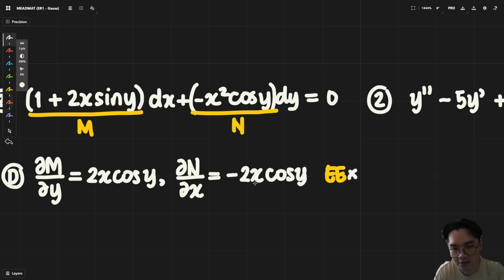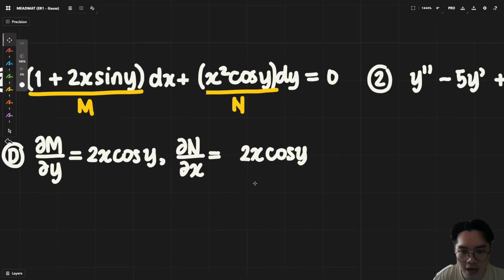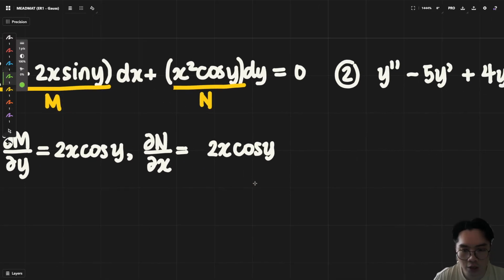If these two terms look similar enough, you can go through another step so that they can appear exact. But for now, let's just assume that with the wave of a magic wand, this becomes positive. Congratulations. This is now a good candidate for your exact equations.